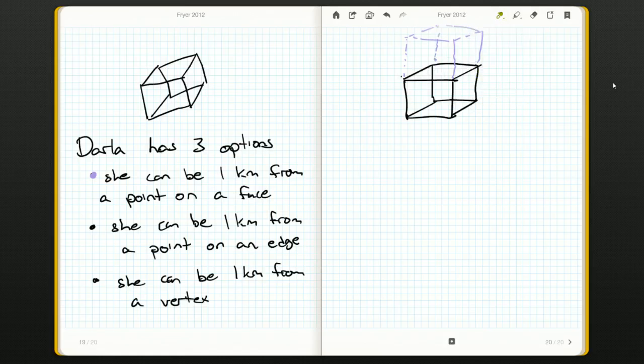Now, if she's coming from an edge, she can sort of be anywhere on this quarter cylinder from the edge. Once we're at the edge, we have freedom of movement along here, whereas if we're at a point, you notice that you can sort of wiggle and curve around that point. You can just get closer to another point.